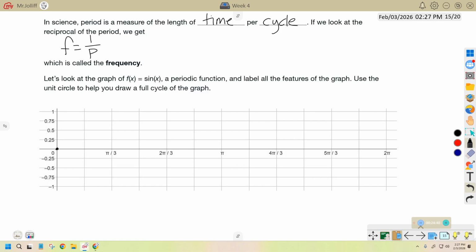Juliet, what is the value of the y coordinate at pi over 6? One half. So pi over 6, which is halfway between these two, would be here. Very good. Julie, do you have your unit circle? We'll come back to Julie.